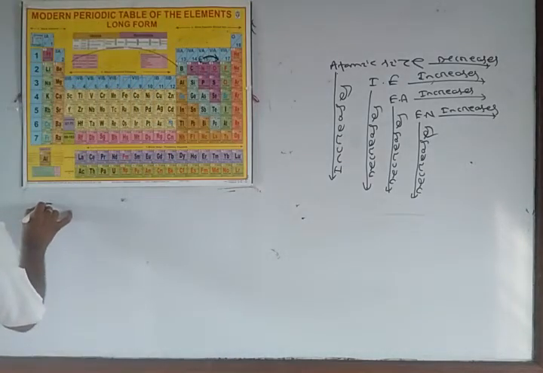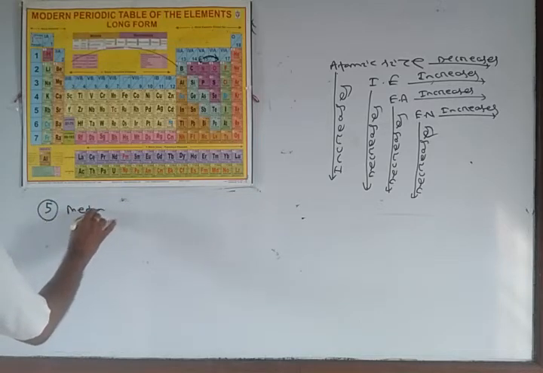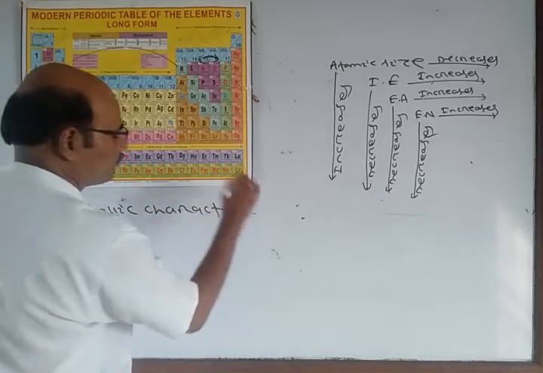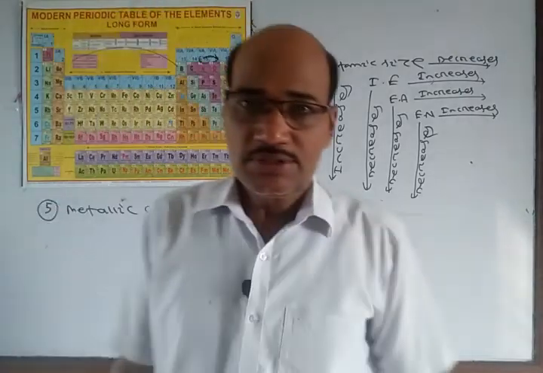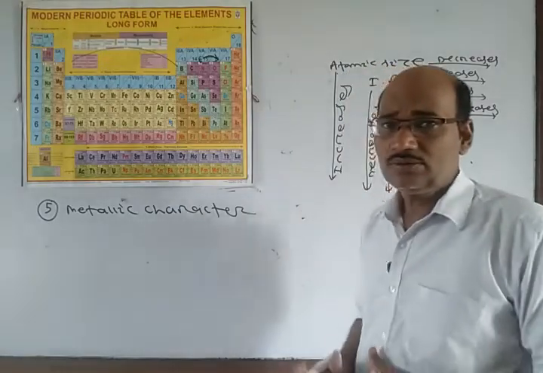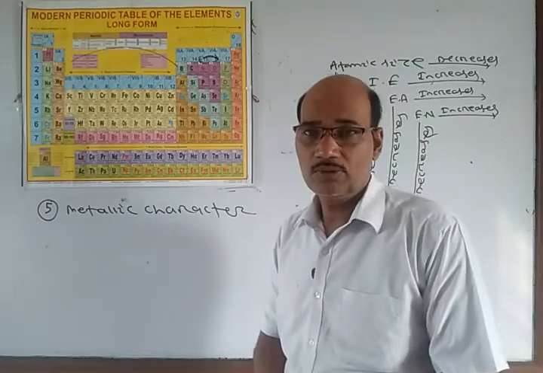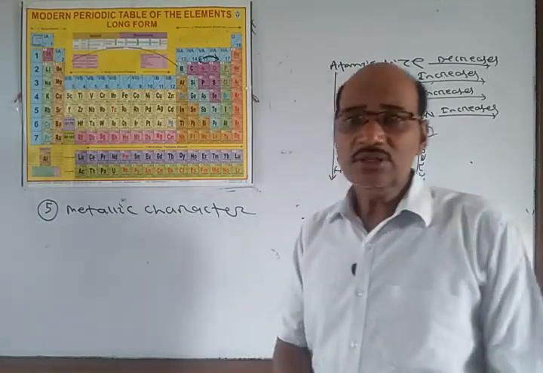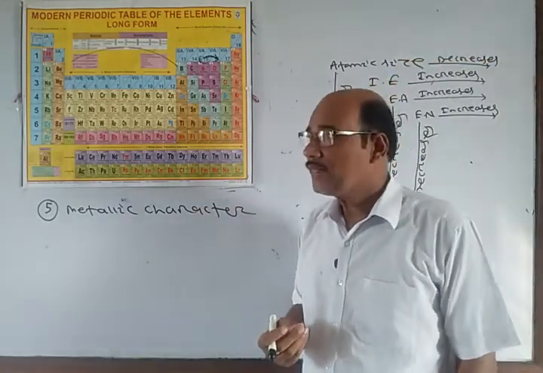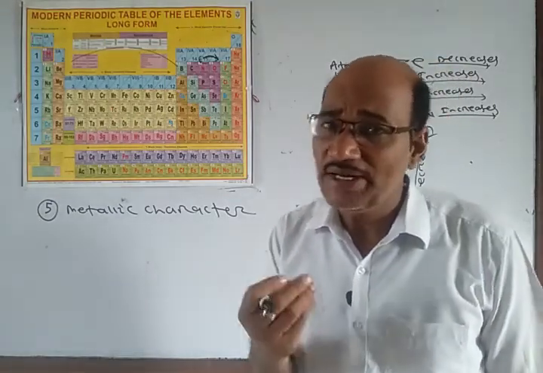Now, number 5, we discuss the metallic character. The metallic character depends upon the ease of losing electrons. Normally, metals lose electrons easily, and the ease of loss of electrons depends upon the ionization energy.